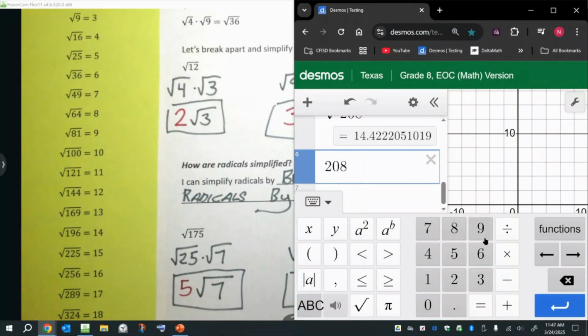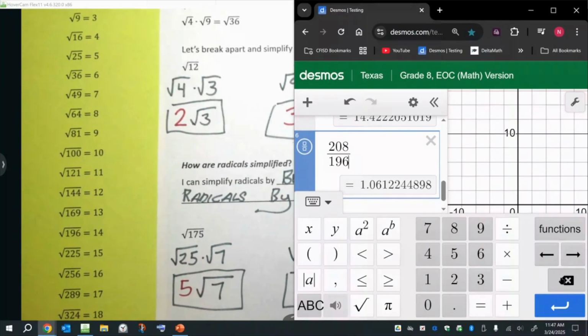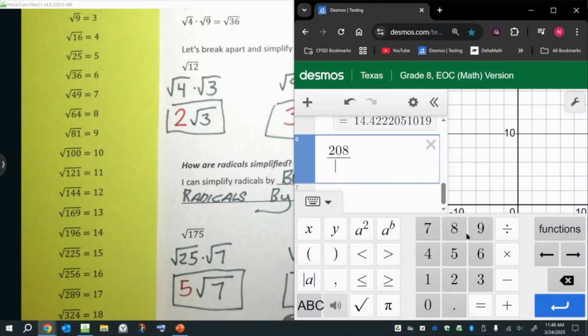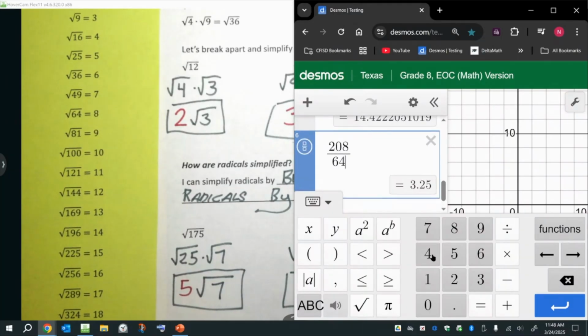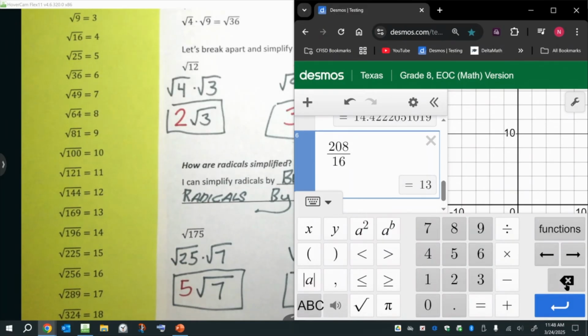So 208 divided by 196, 169, 144, 121, 100, 81, 64, 49, 25, 16. Hey, 16 and 13.